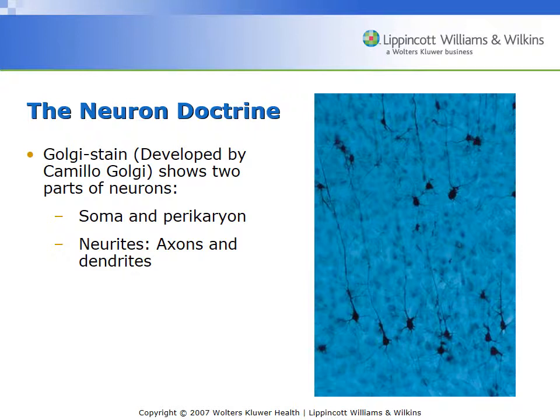So the early neuroscientists observed that the dendrites come in contact with many different axons. So they concluded that dendrites must have a function of an antenna for a signal to be received by the cell.